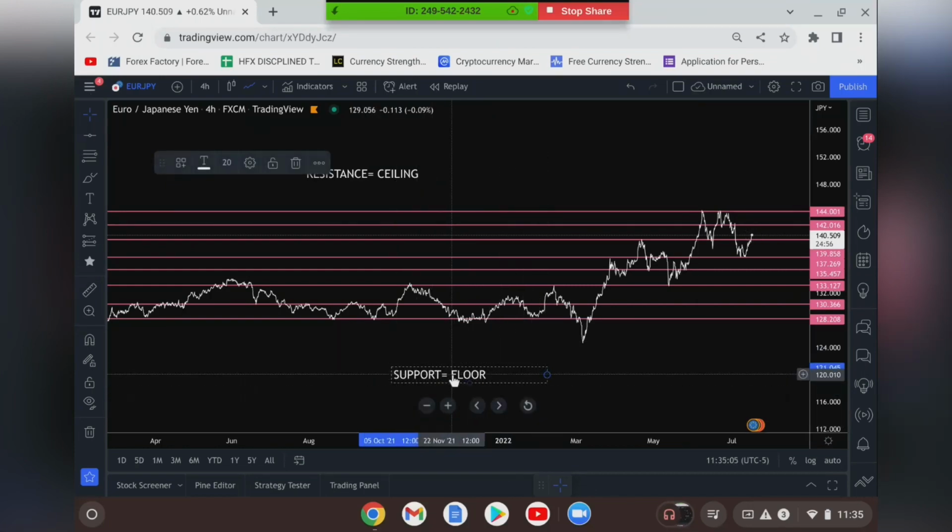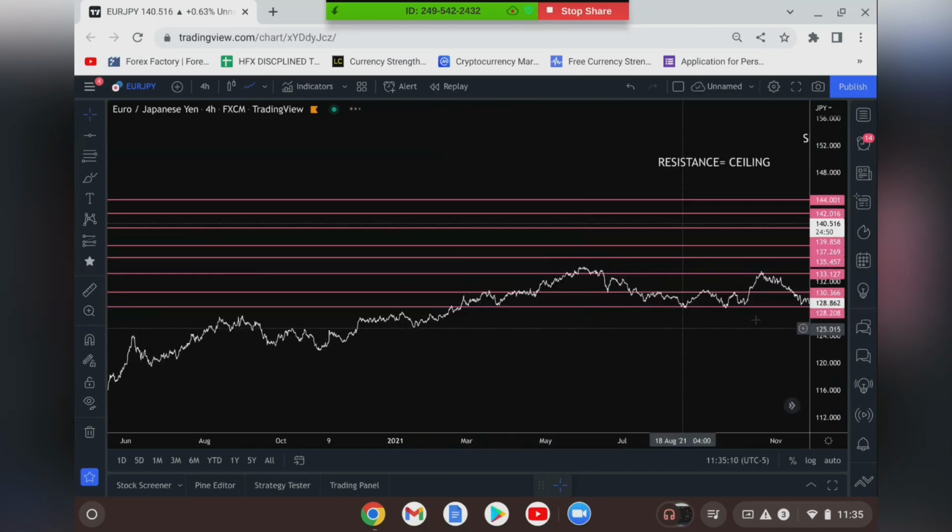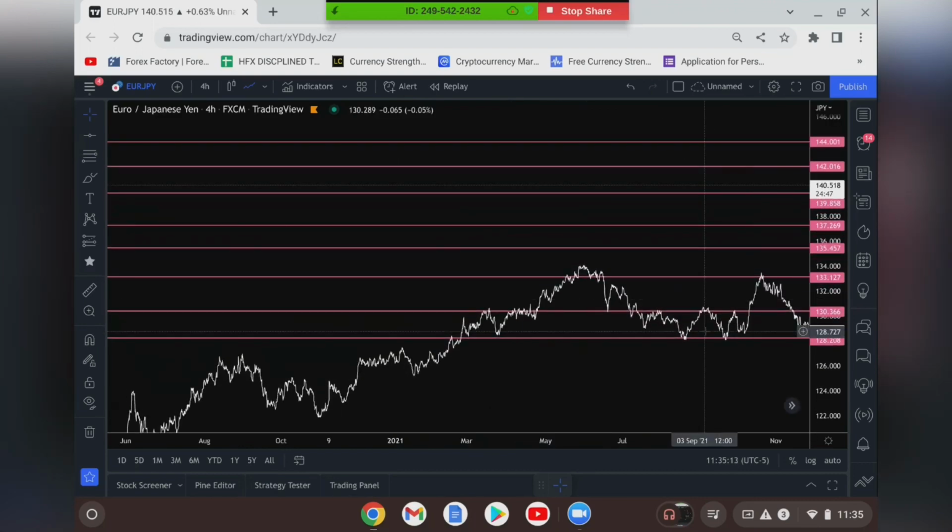Okay, so let me just zoom in to a specific area right here and show you what I mean.